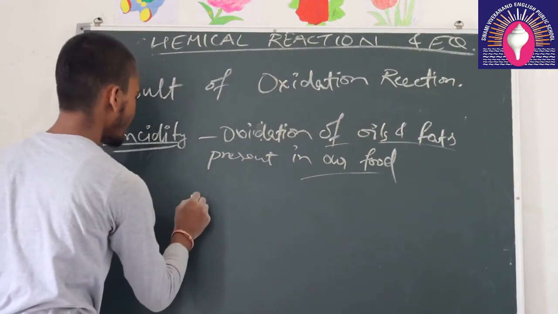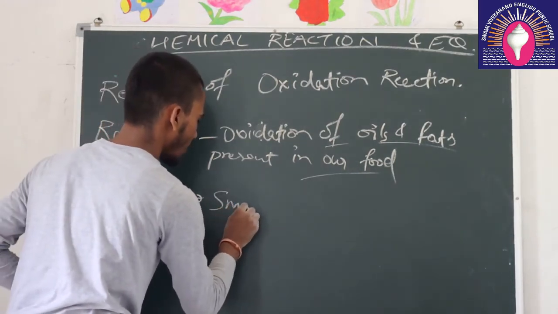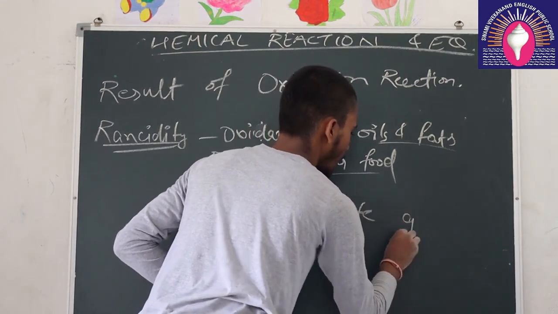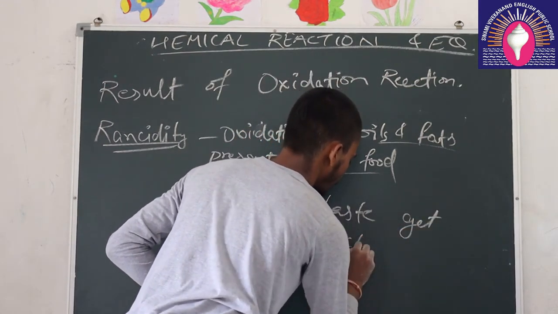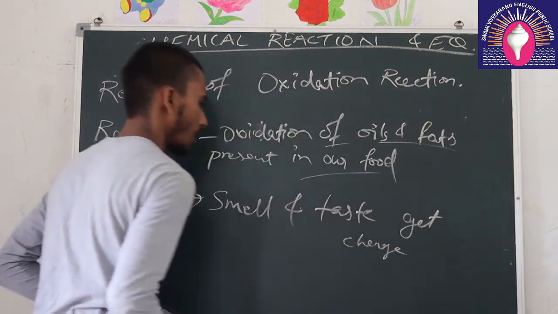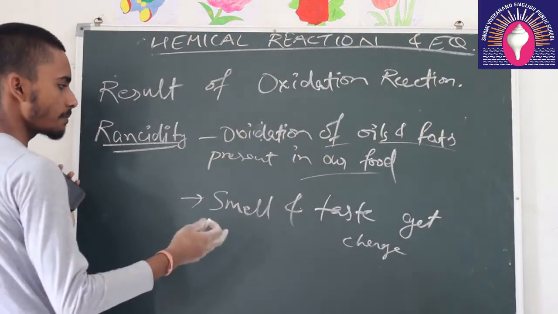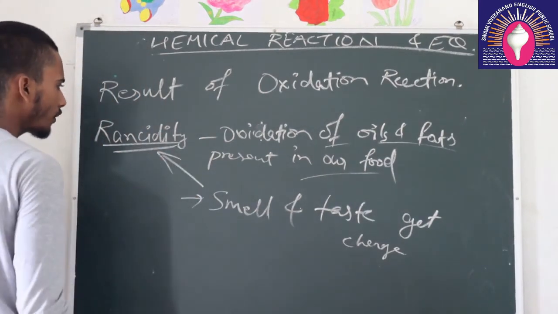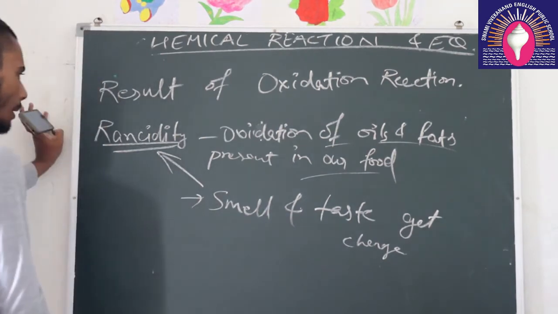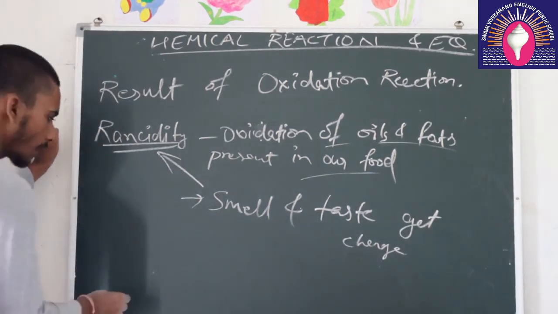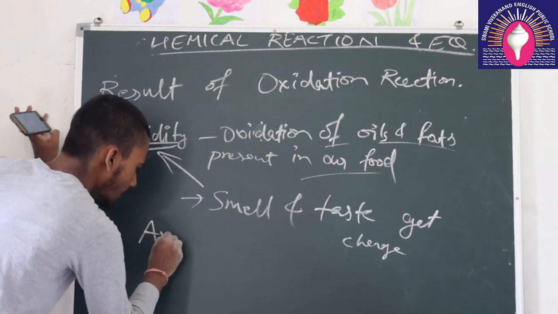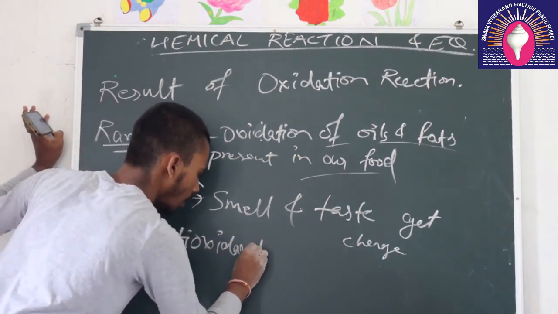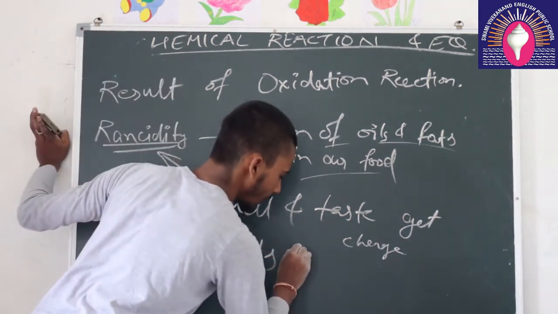In rancidity we have all seen that smell and taste get changed. The food materials' smell and taste get changed due to rancidity. To prevent our food from becoming rancid, we put antioxidants in our food.